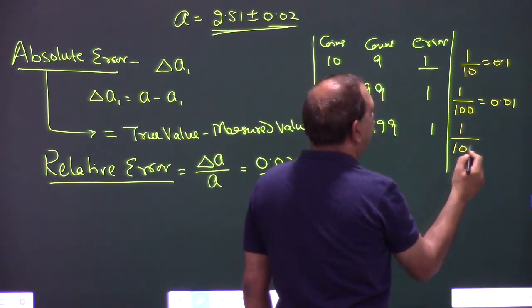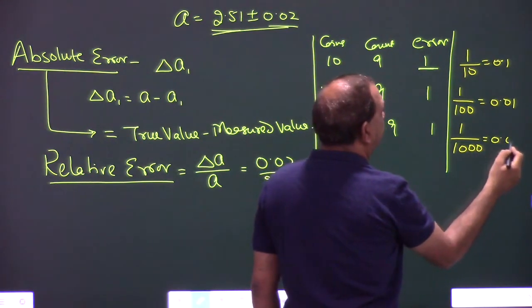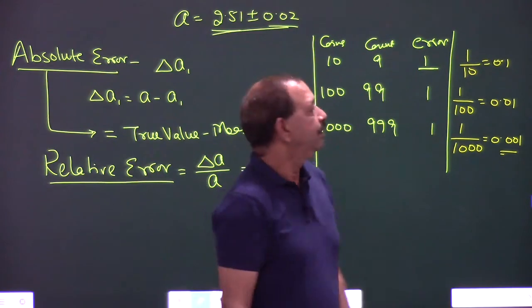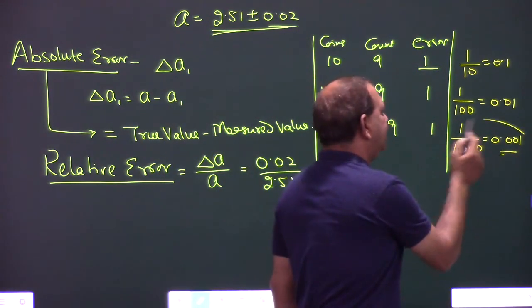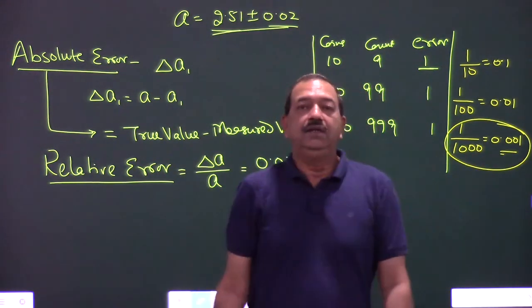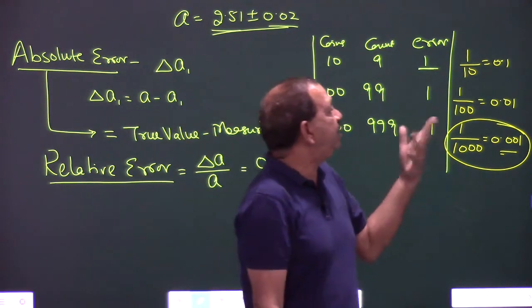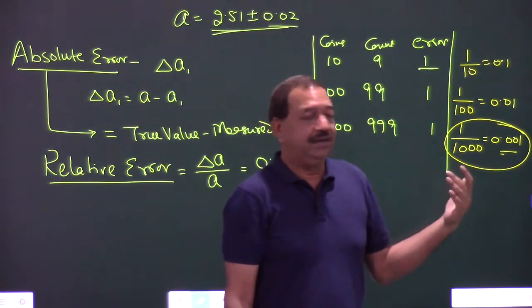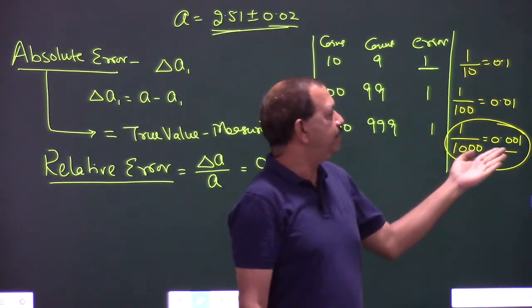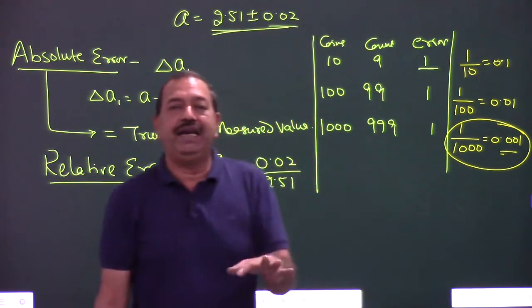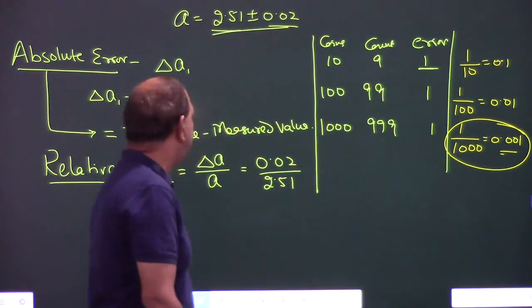And in this case it is 1 by 1000, that is 0.001. So which one is lesser error? I will say this is lesser. So we have immediate insight that actually error कितनी है? इसमें error बहुत ज़्यादा है, इसमें बहुत कम है. So that's why we use relative error in comparison to absolute error.